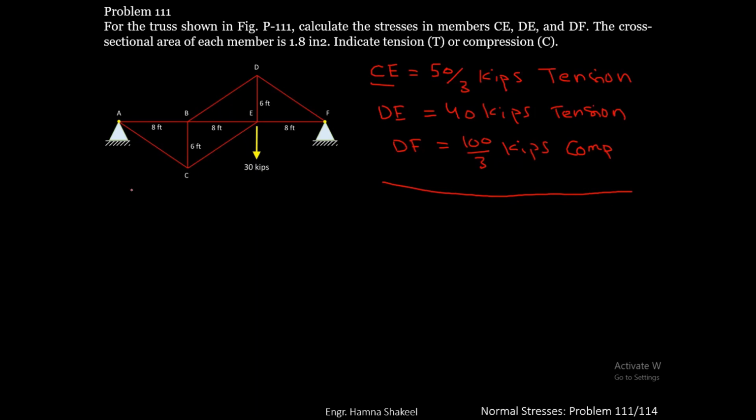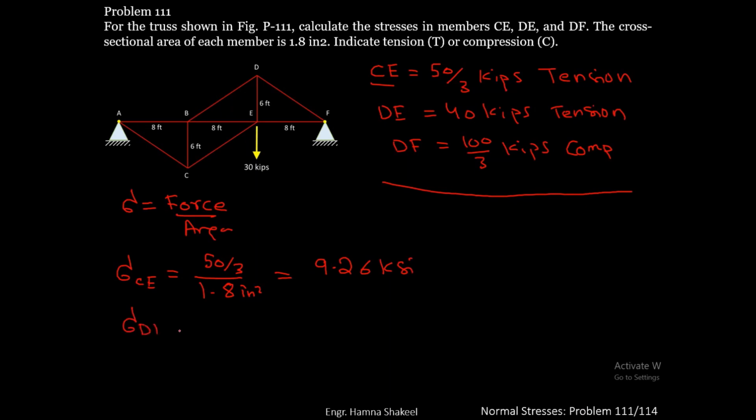To find the stress in each section, use the formula stress is equal to force divided by area. For stress in member CE, force is 50 by 3 and the area is 1.8 inch square. So the stress in CE is 9.26 KSI.